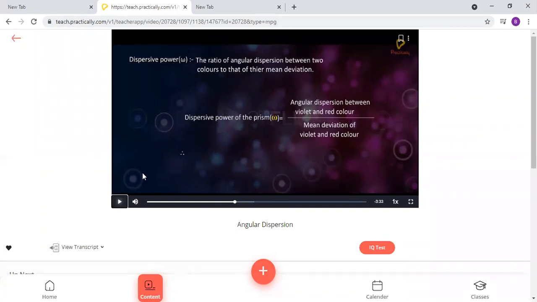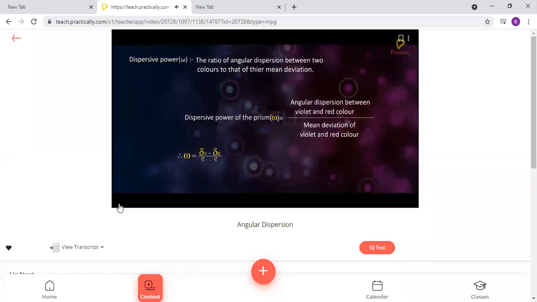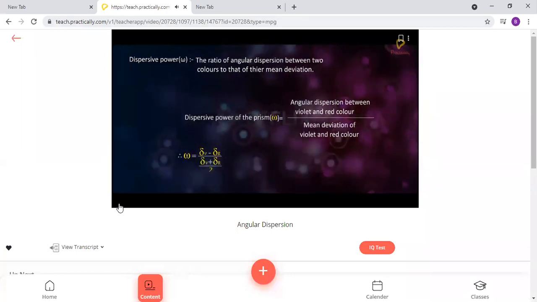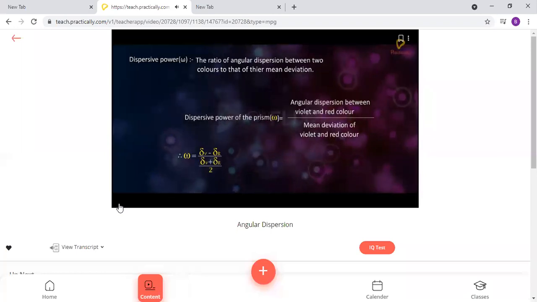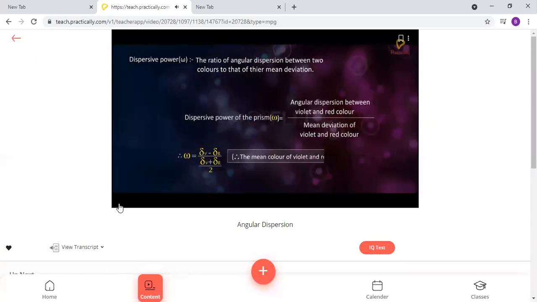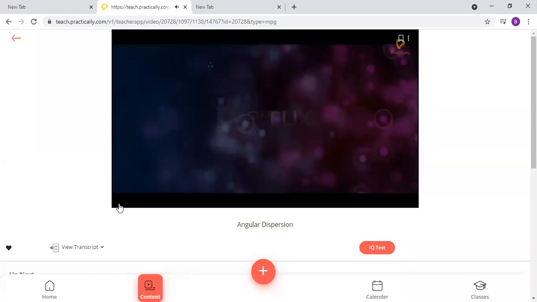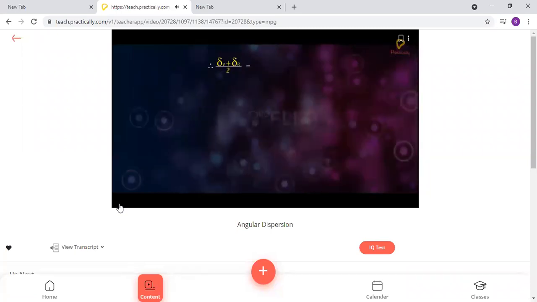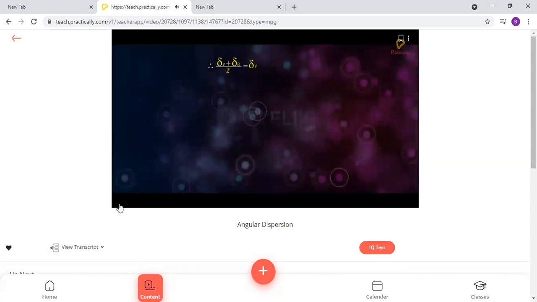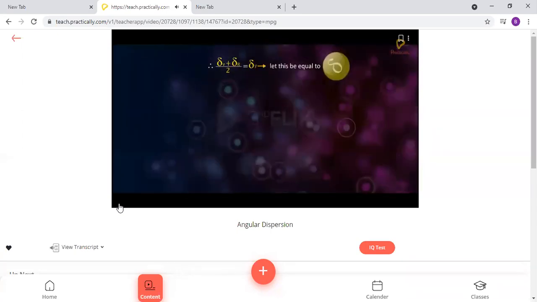Okay, next step. Therefore, omega is equal to delta V minus delta R divided by delta V plus delta R divided by 2. That is, the mean color of violet and red is yellow. Therefore, delta V plus delta R divided by 2 is equal to delta Y. Let this be equal to delta.